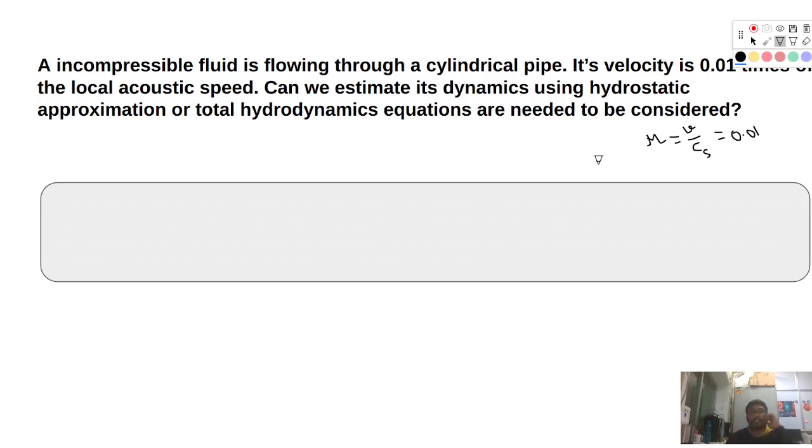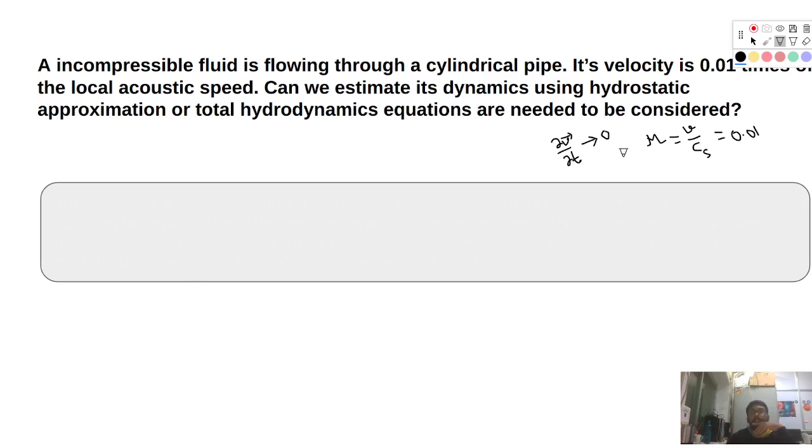Now in this case we can neglect the change in the velocity, that del v del t, since v itself is very much smaller than the sound speed, which is a characteristic speed of the medium, so del v del t tends to 0.